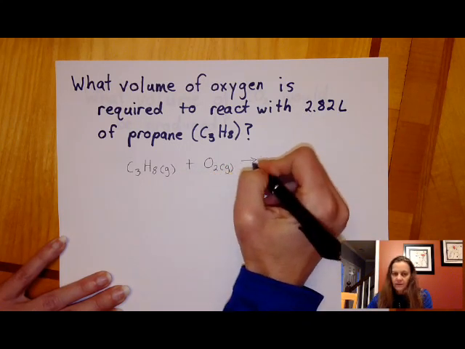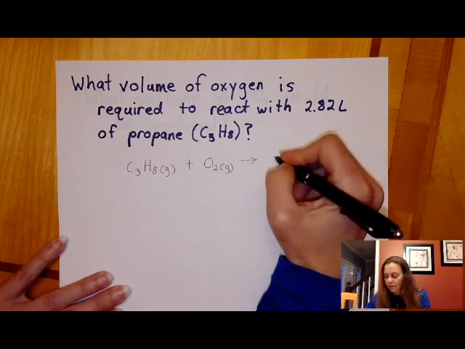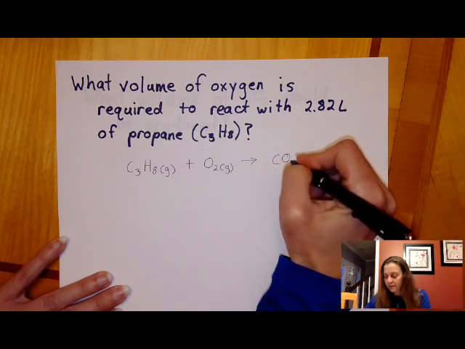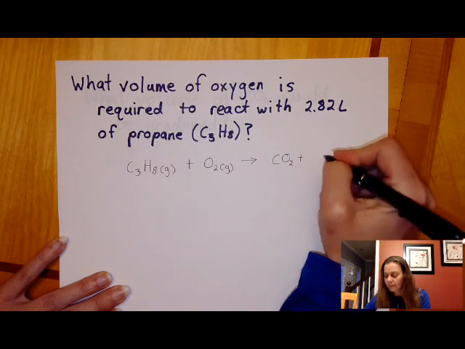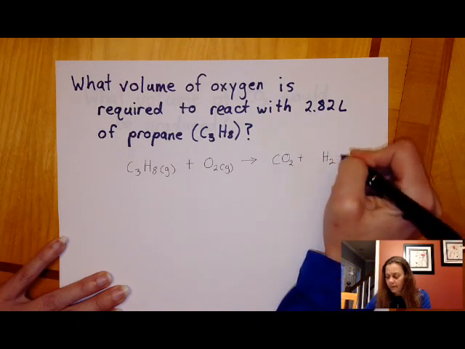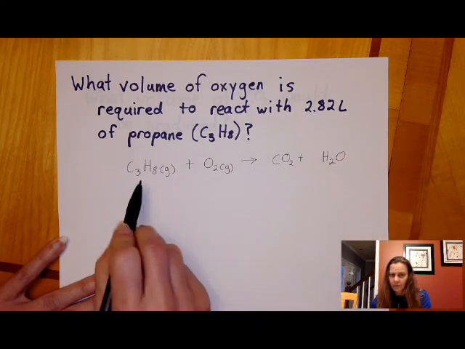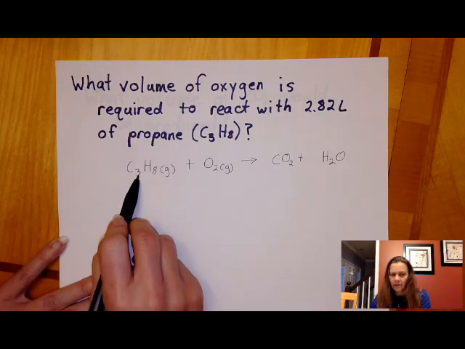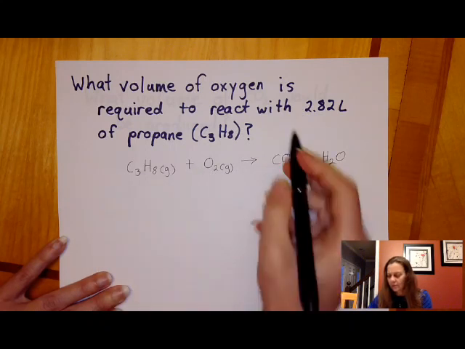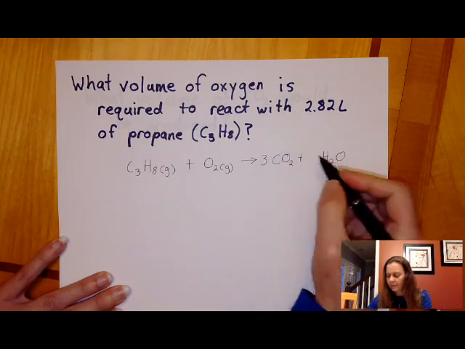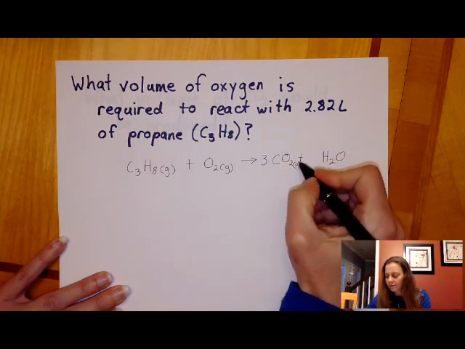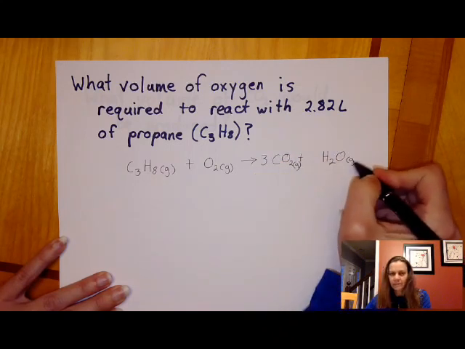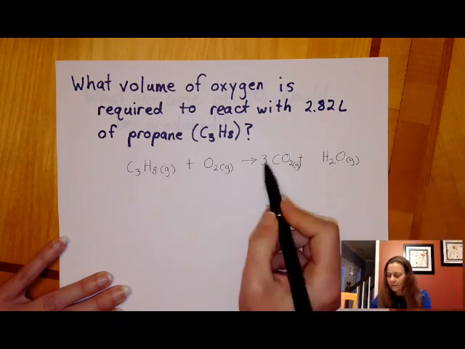And so because this is a combustion reaction, we know that our products are going to be carbon dioxide and water. And so I'm going to start by balancing the carbon. I have 3 carbons here, so I'm going to put a 3 in front of carbon dioxide. Oops, I left out my states of matter here. Okay, I have 3 carbon dioxide.